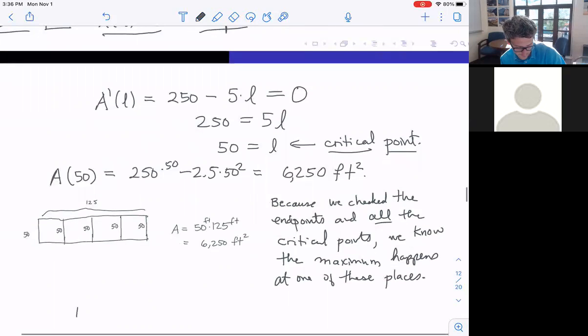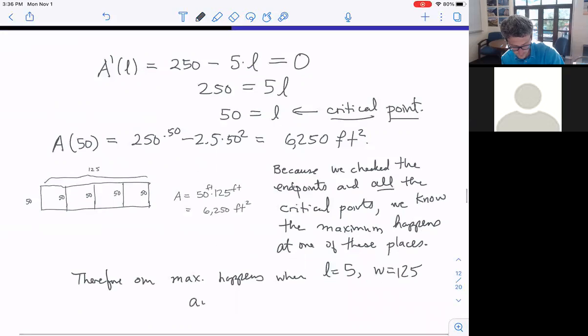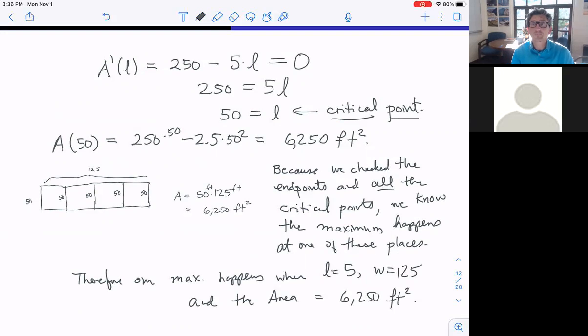So therefore, our maximum happens when L equals 50, width equals 125, and the area is equal to 6,250 square feet.